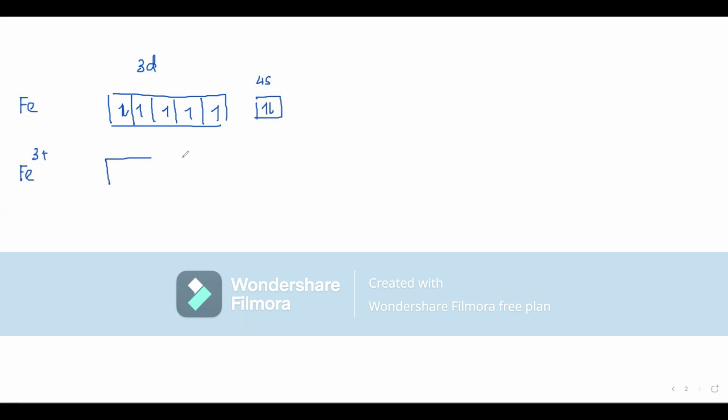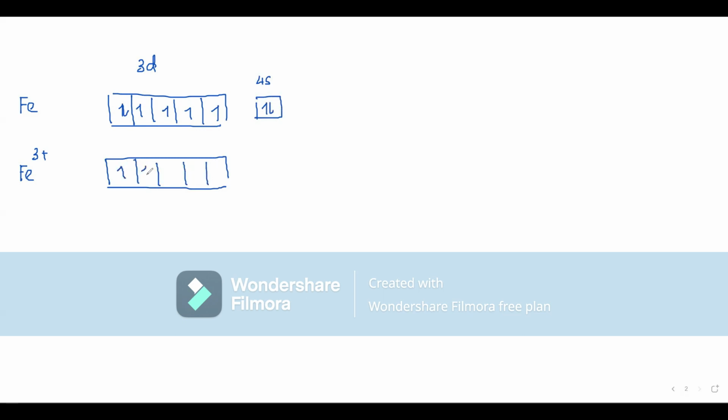So Fe was 3d6, 3d has 5 orbitals, right? 1, 2, 3, 4, 5, 6 electrons, and 4s with 2 electrons. Now, in Fe3+, the electronic configuration is 3d5.